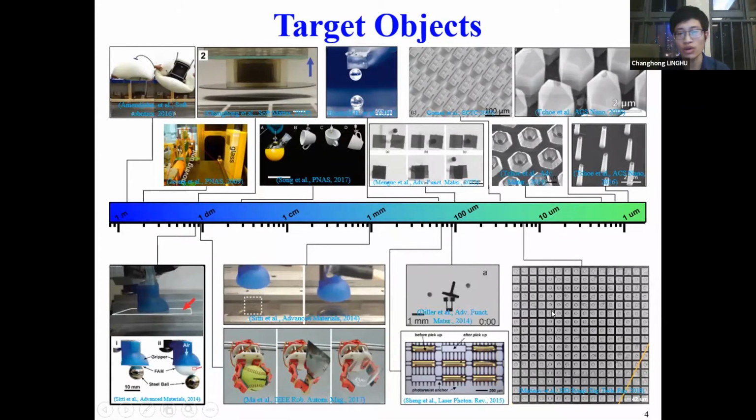For example, in the assembly of micro LED chips, we need to grip a large number of LED chips in a massive way and print them onto the receiver substrates with a certain pattern. So a universal solution for gripping is very challenging.